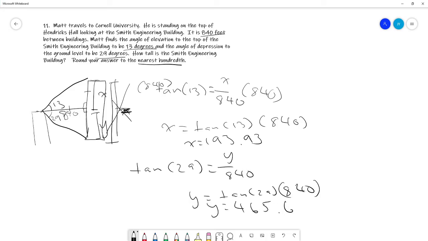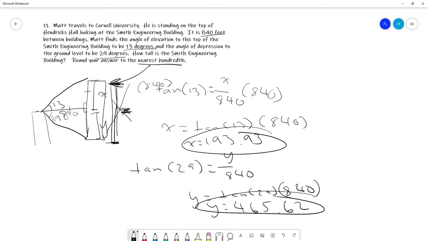And then to find this final length, which is what we're looking for, how tall is the Smith Engineering building, which is this one, we take these two and just simply add them together to get how tall the Smith Engineering building is.